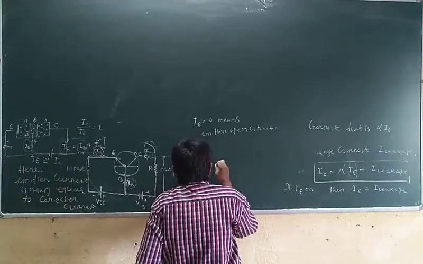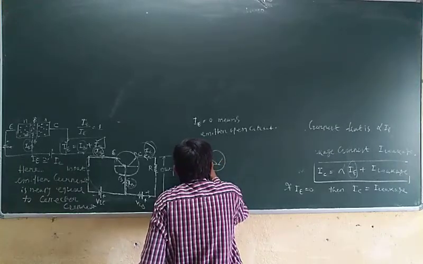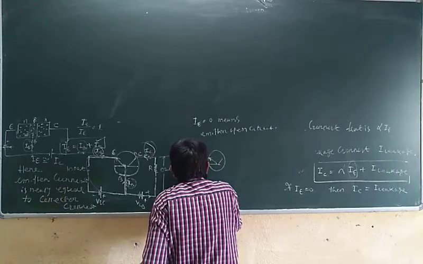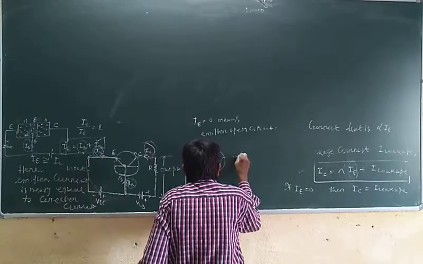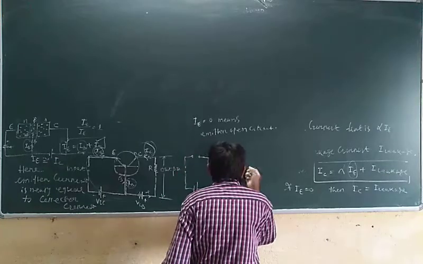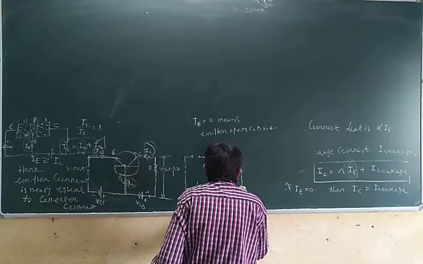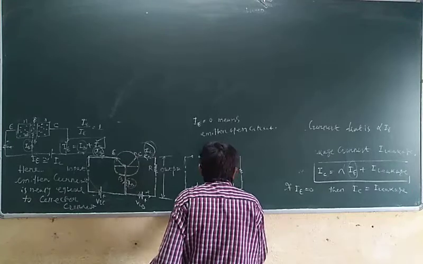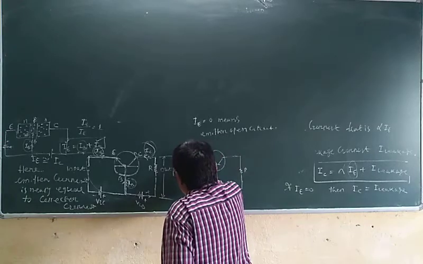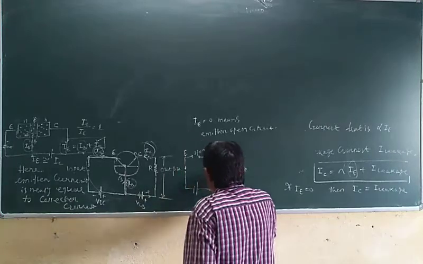Now we draw this current here. In this way, this is the emitter. The emitter is open.